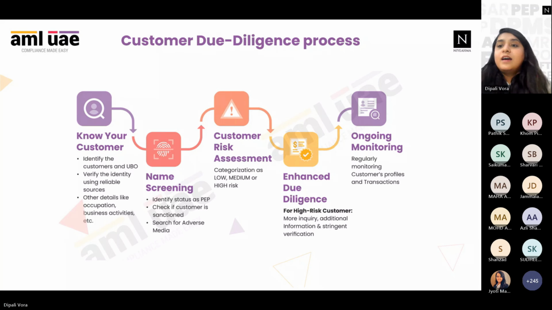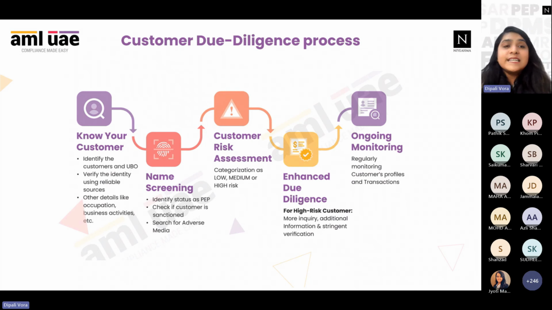Before conducting screening, it is very important that we have ID documents or some identification document for the customers that we onboard. The customer onboarding process has certain elements. First is know your customer. That is, we ask for certain documents from the customer as well as the ultimate beneficial owners.